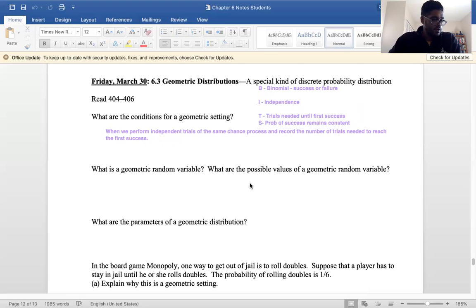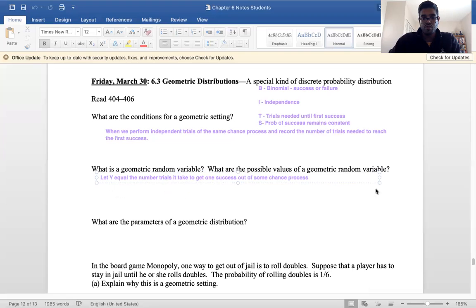And so what are the possible values that you could take on? Well, first I'm going to denote y. I'm going to say let y equal the number of trials it takes to get one success out of some chance process. Okay, so I'm just going to define my variable.